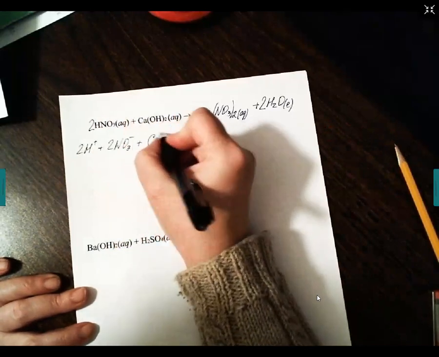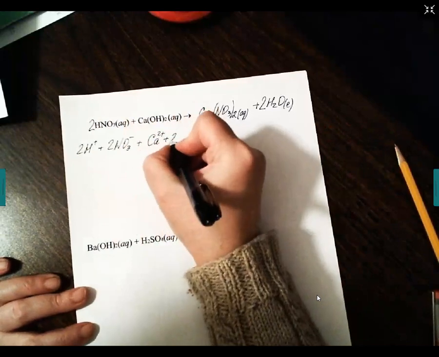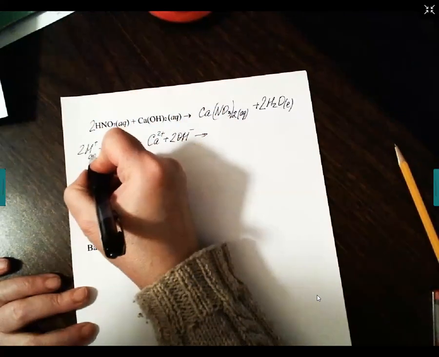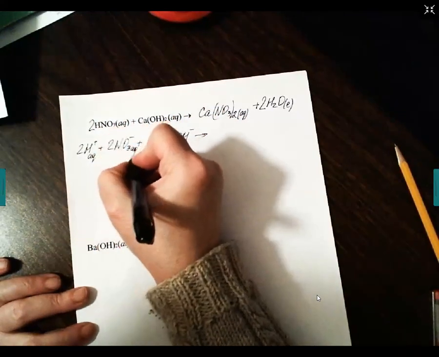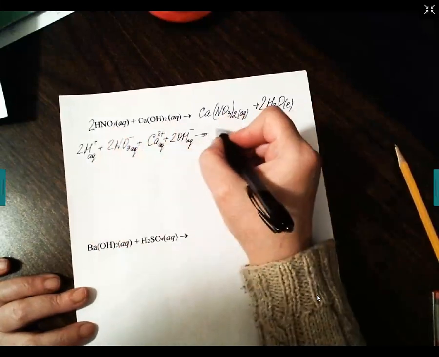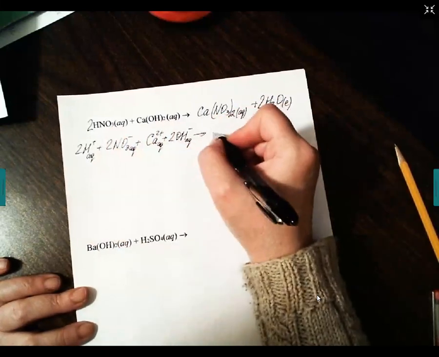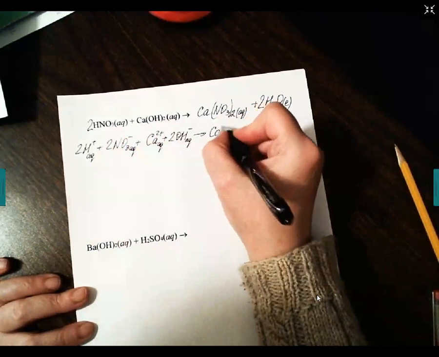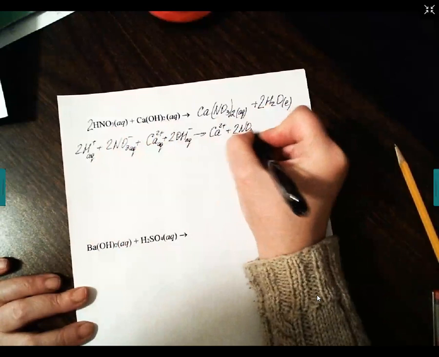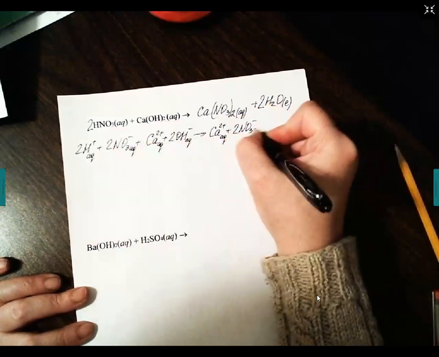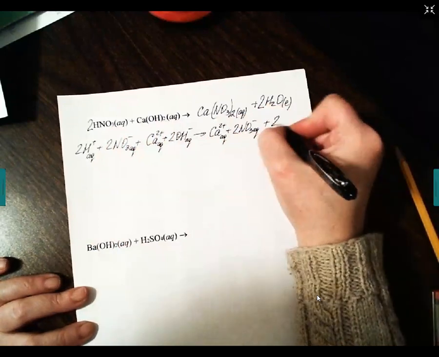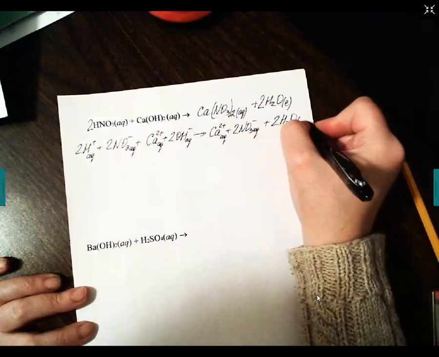And all are soluble, aqueous. All nitrates are soluble, so this is going to be calcium 2 plus 2 NO3 minus. And liquid, we don't break liquid. H2O liquid.